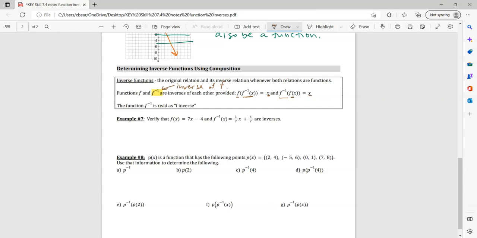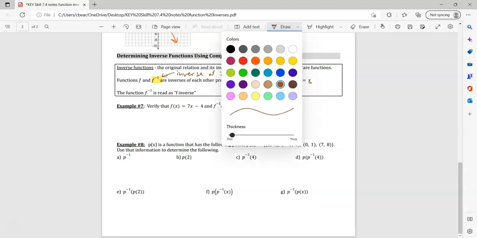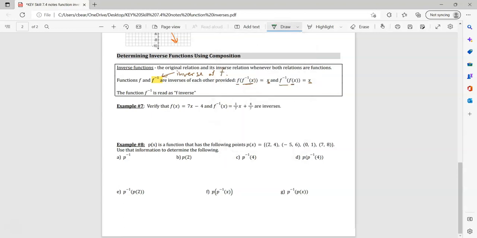Okay? All right, so what we're going to do is we're going to use our composition, what we learned last time. We're going to use that to help us verify that this f of x and this f inverse of x are in fact inverses. Okay, so I'm going to first look at f of f inverse of x.